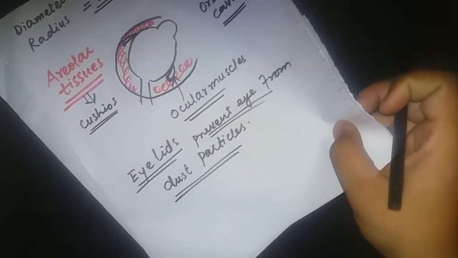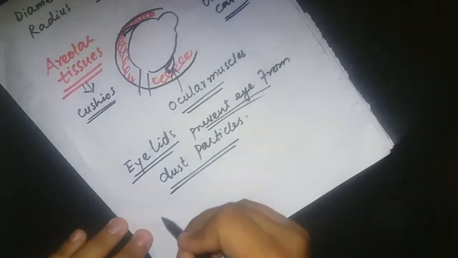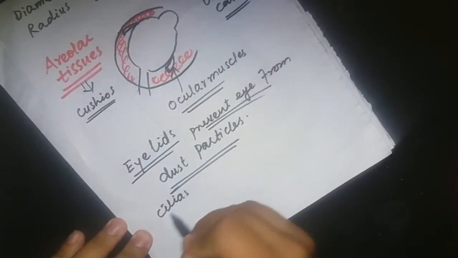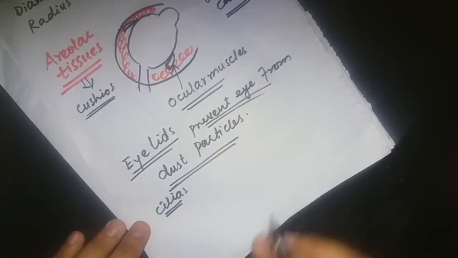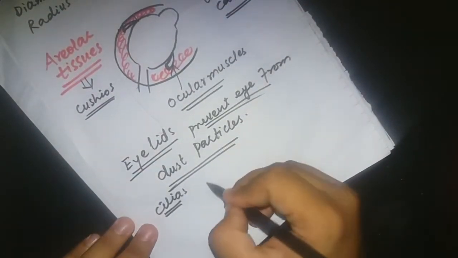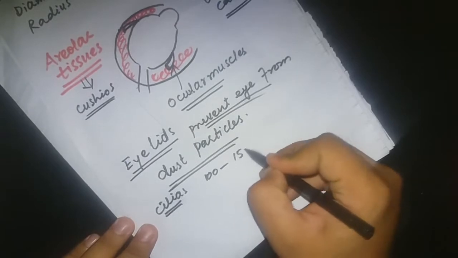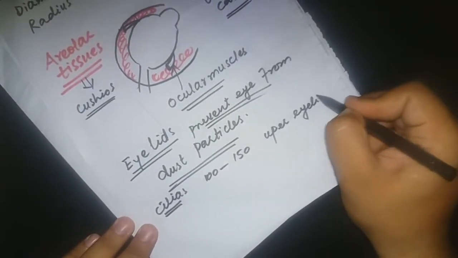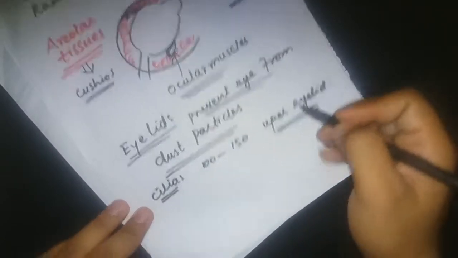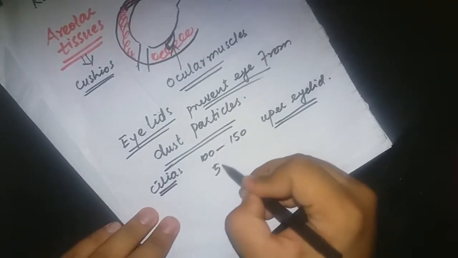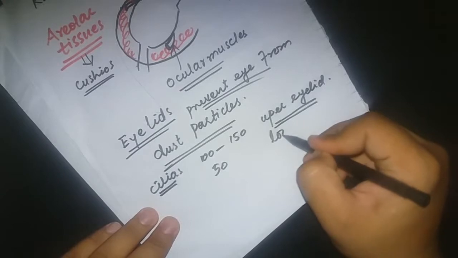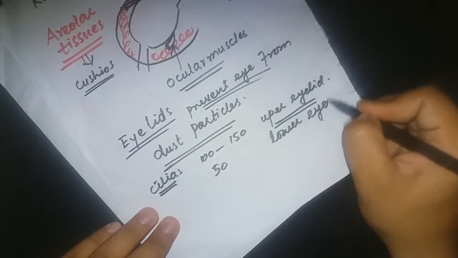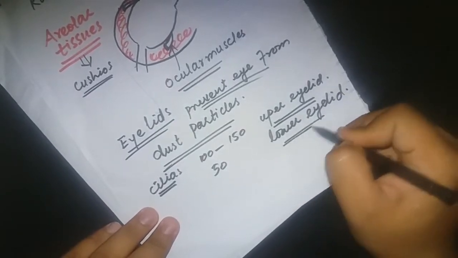A lot of cilia are present in each eyelid, roughly 100 to 150 in the upper eyelid and about 50 in the lower eyelid.